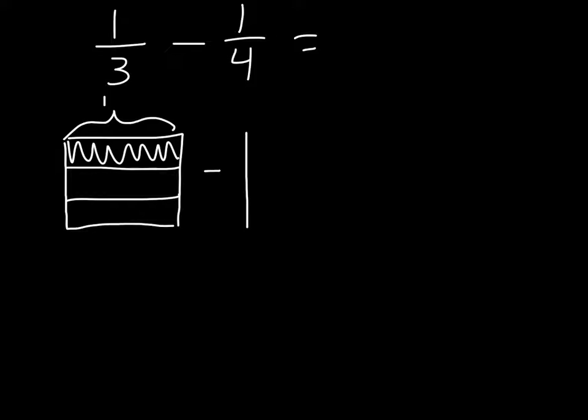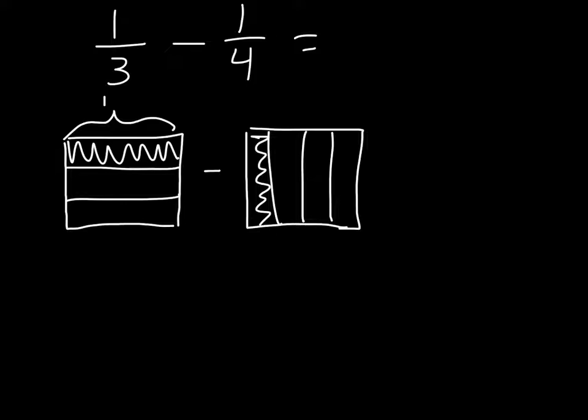And we'll draw the area model for 1/4, and we'll color in 1 out of the 4 pieces. And then we're going to make sure that both parts are cut up into the same number of units, and we'll transfer the lines from one area model to the other.